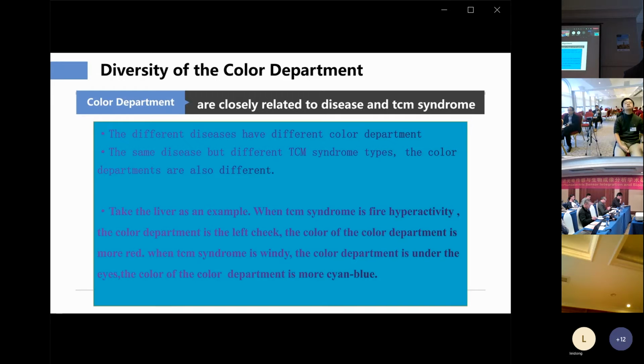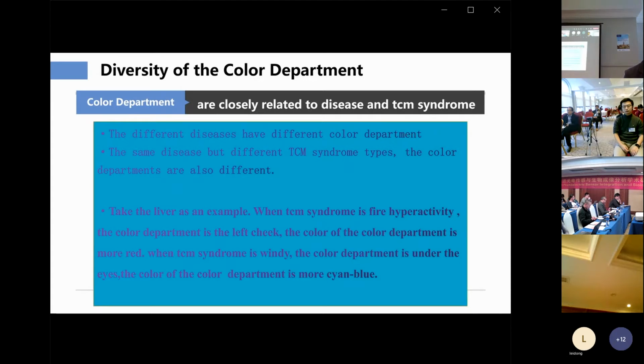Here I will explain what TCM syndrome types are. TCM and Western medicine are completely different medical systems. We take the flu as an example. Western medicine might define the flu by the virus.